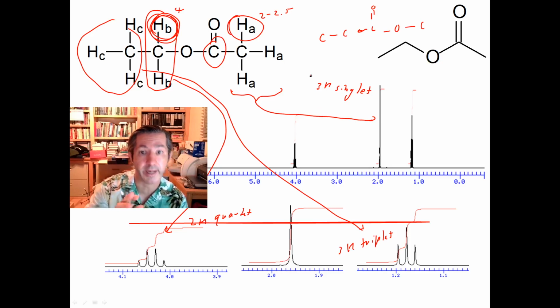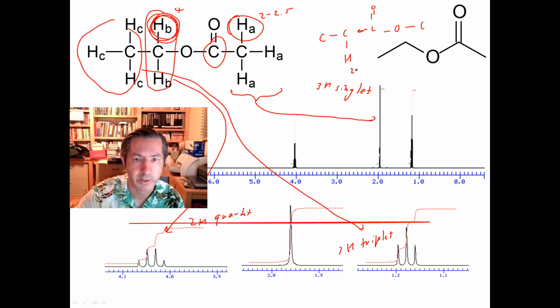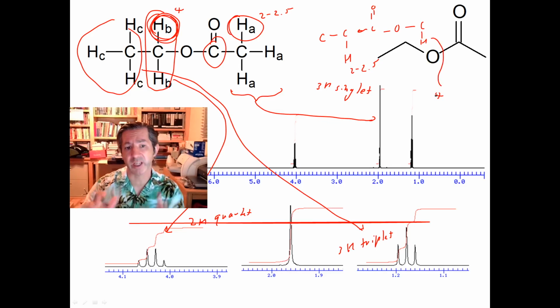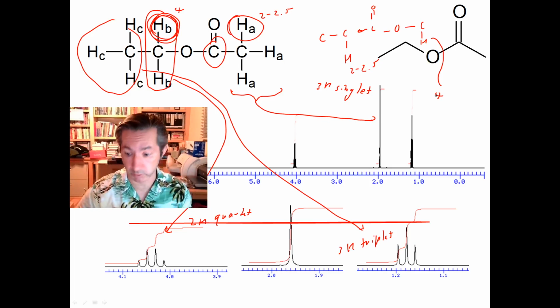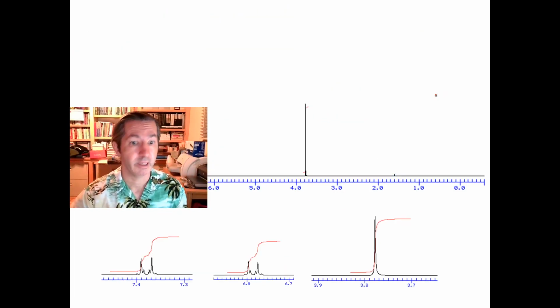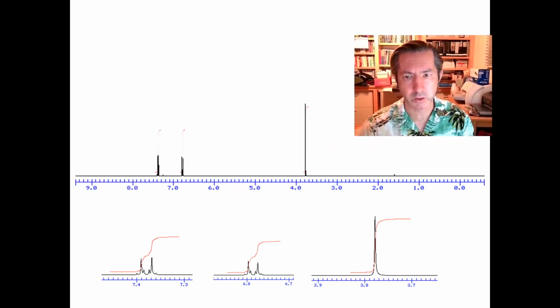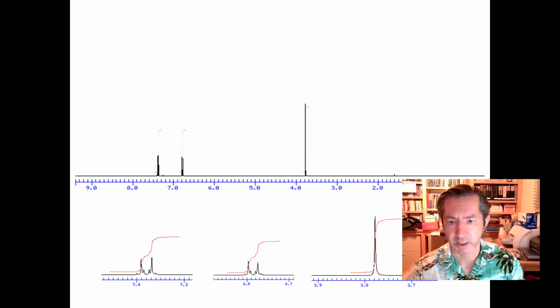That's the difference there. So this would be at 2 to 2.5. A hydrogen here would be around 4. So we use that correlation table to split the difference. Again, we can put these together. This is a logic puzzle, what we're doing right here. If you like logic puzzles, NMR is for you. If you don't like logic puzzles, I apologize.